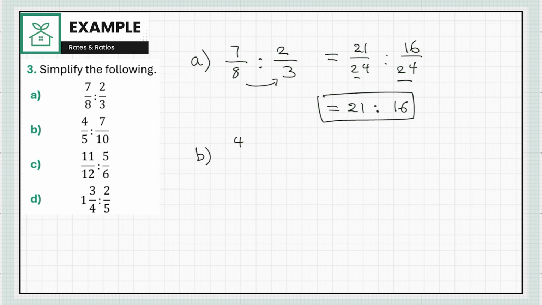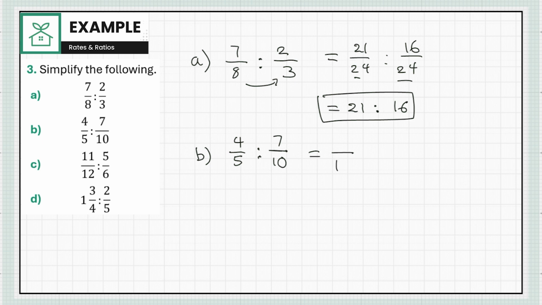For B, we have 4/5, and we're comparing it to 7/10. And we want to make sure that we're listing our ratios, not using these fractional values. So, what's a common denominator between the two of these? Well, 5 is a factor of 10.